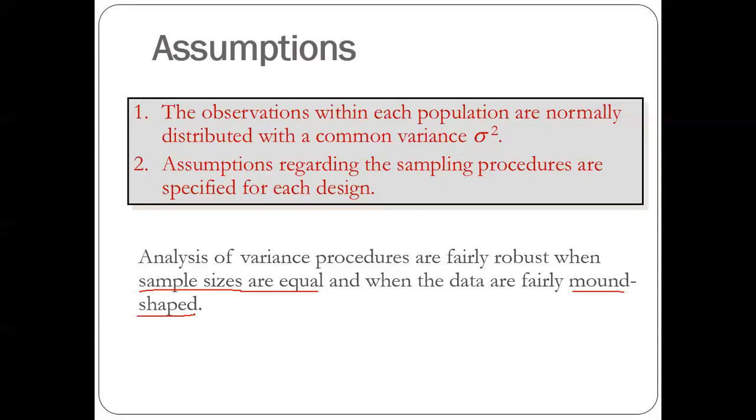Then we must use ANOVA, because the t-test or z-test is only limited to one or two samples.